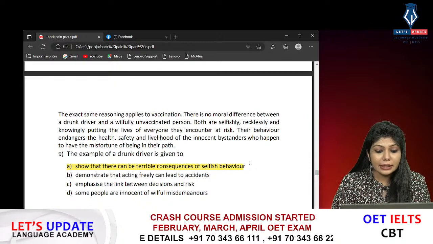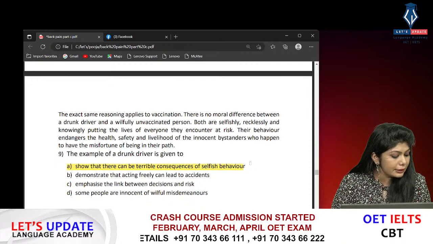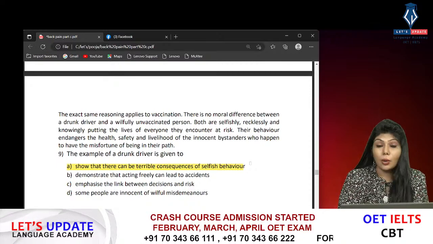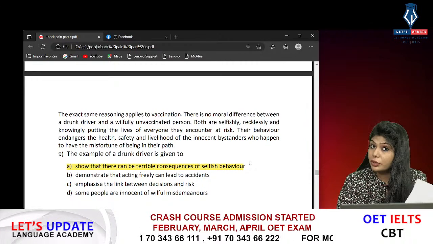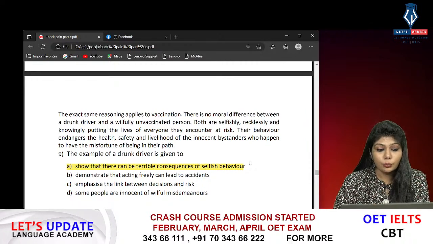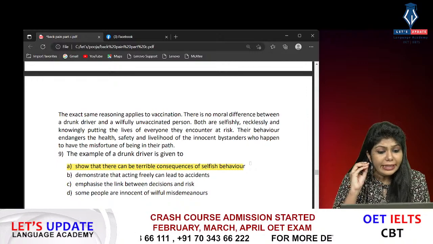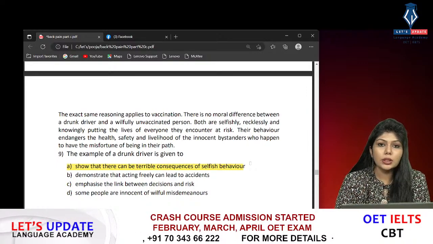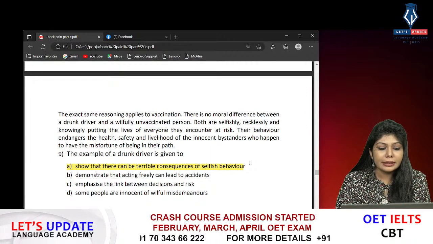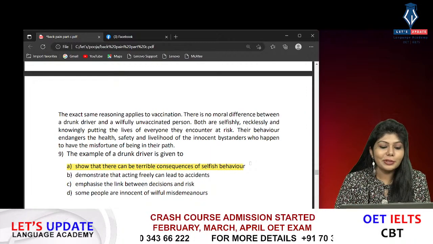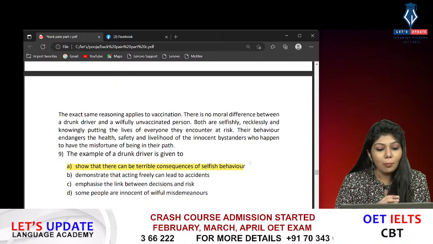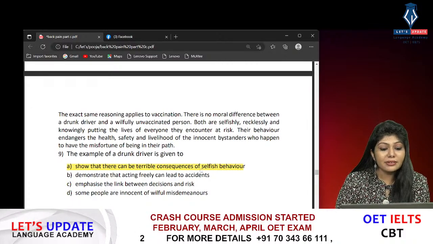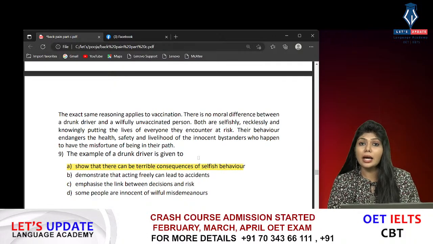The reason is that in this extract they are talking about vaccinations and how people opt out of vaccinations, and here they have compared an unvaccinated person to a drunk driver. There is something in common: both are selfishly, recklessly, and knowingly putting the lives of everyone they encounter at risk.